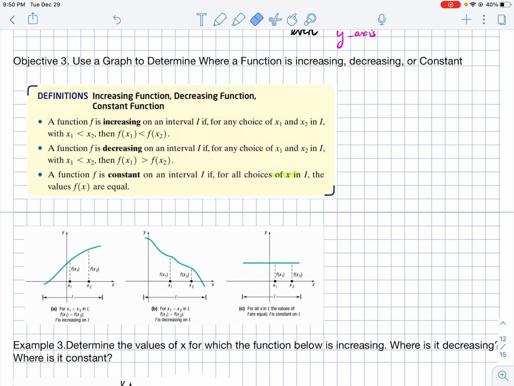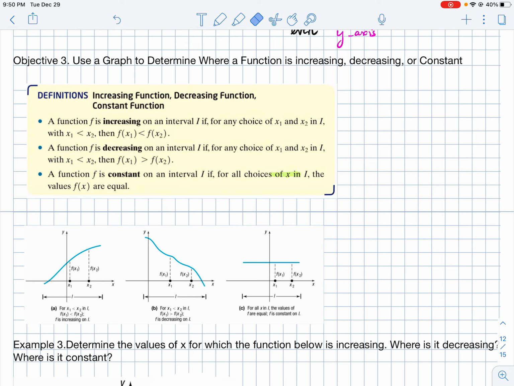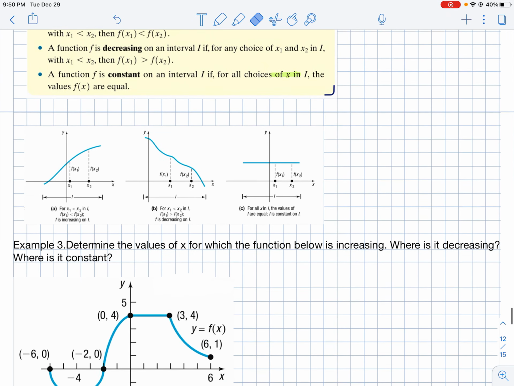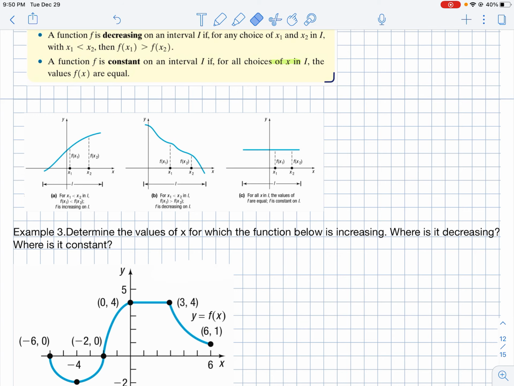We're going to do the problem below, and we look at the graph to see which values of x, from where to where, give the function increasing, decreasing, or constant. The way to do it is that we imagine you are a person and you always start on the left side of the graph.